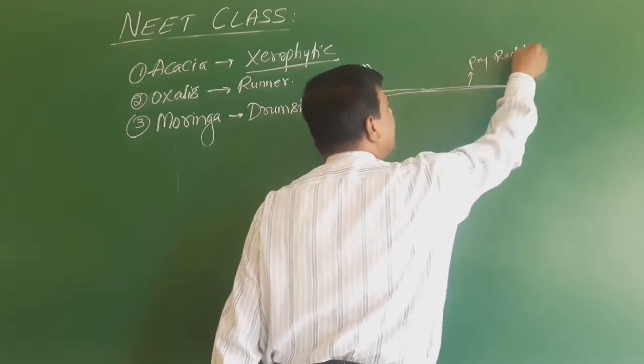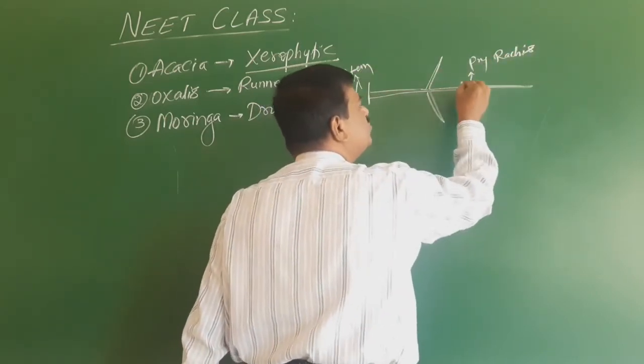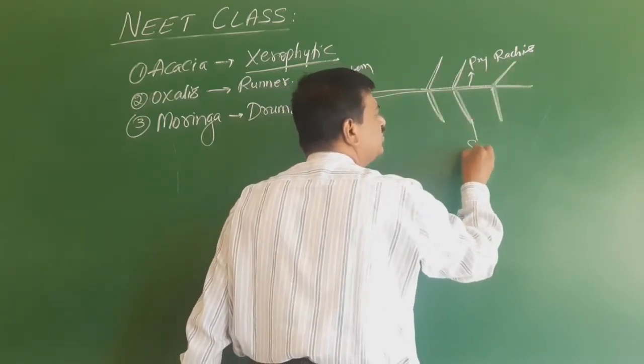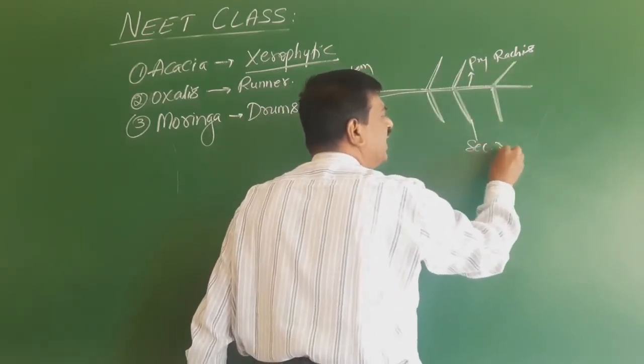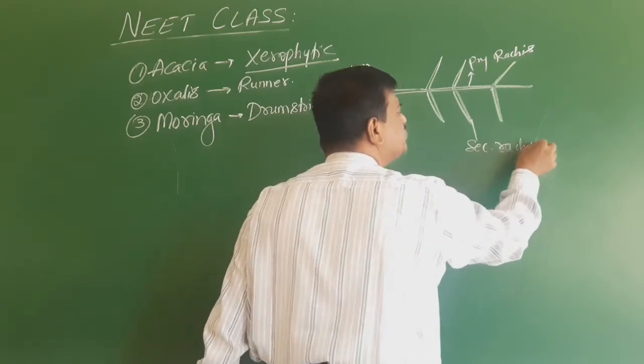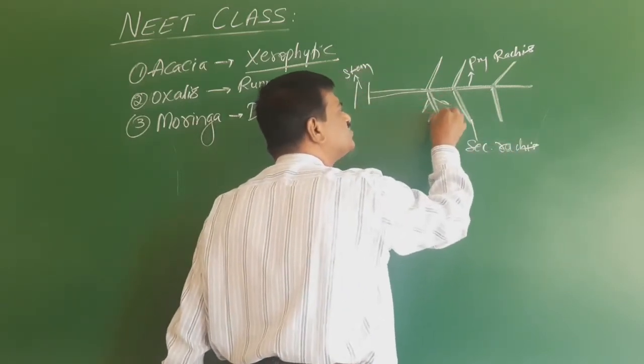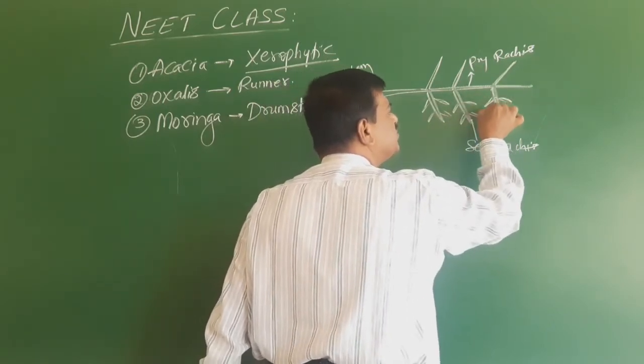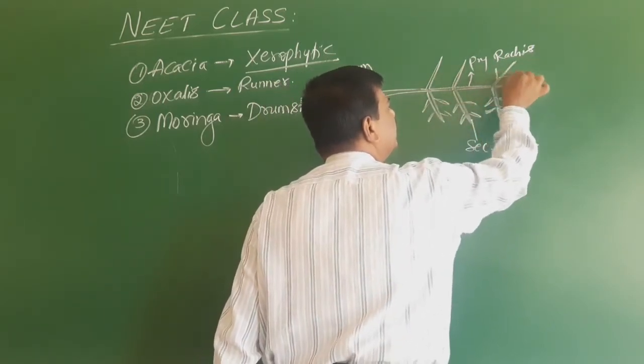This primary rachis gives rise to the secondary rachis, and this secondary rachis gives rise to the tertiary rachis.